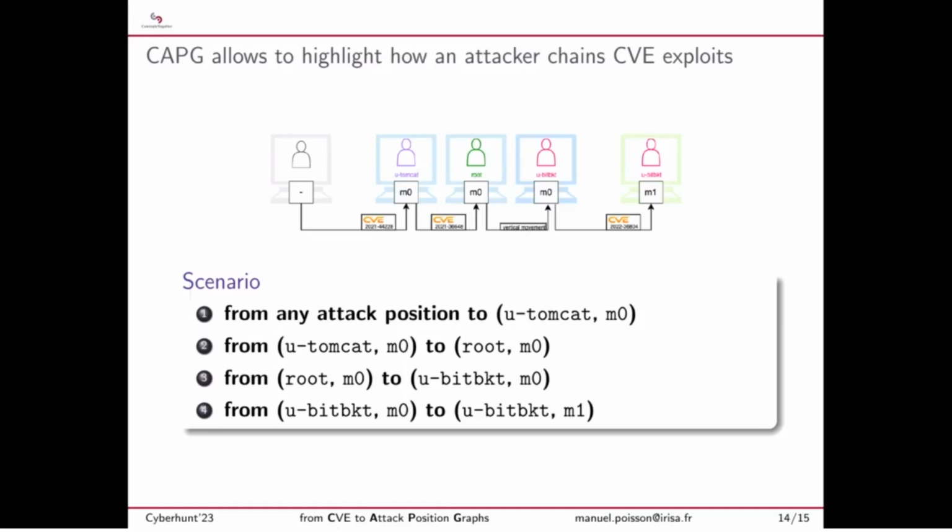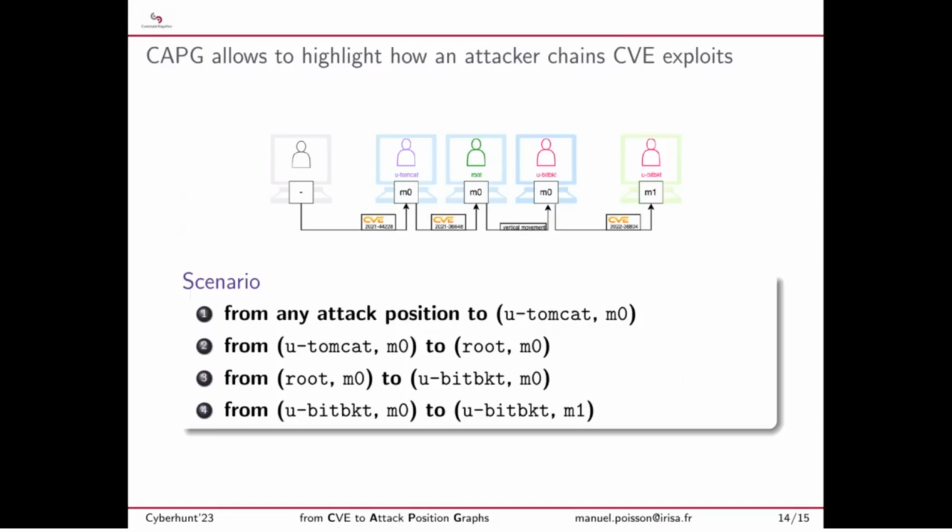After gaining the root account, he can discover a new user on the machine, Bitbucket, and with this account that exists on both machines, he can exploit the third CVE, and finally gain control of a new machine. We can derive this information knowing the information system states and the source and destination machines and users as we represented them using the CAPG format.